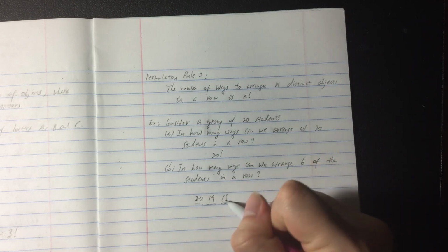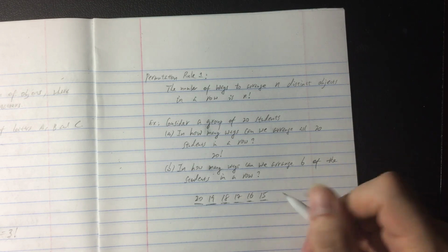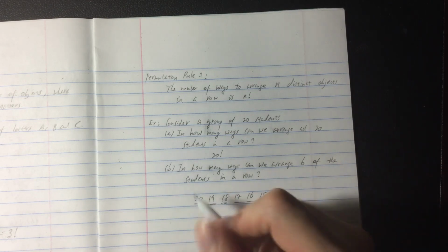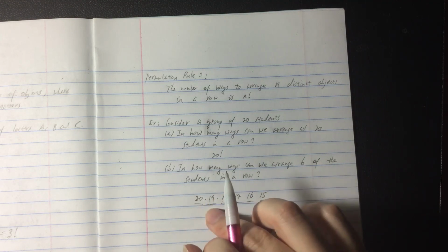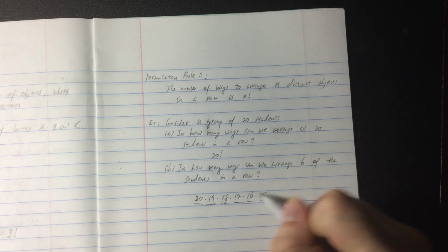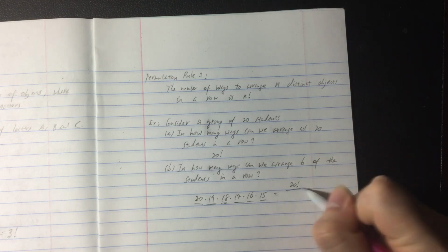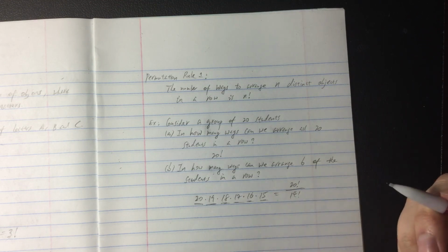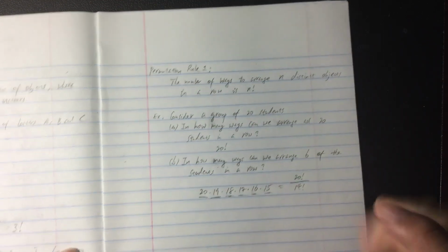Next one has 18 choices, 17 choices, 16 choices, 15 choices. By the counting principle, we multiply them out. That can be written as 20 factorial over 14 factorial.